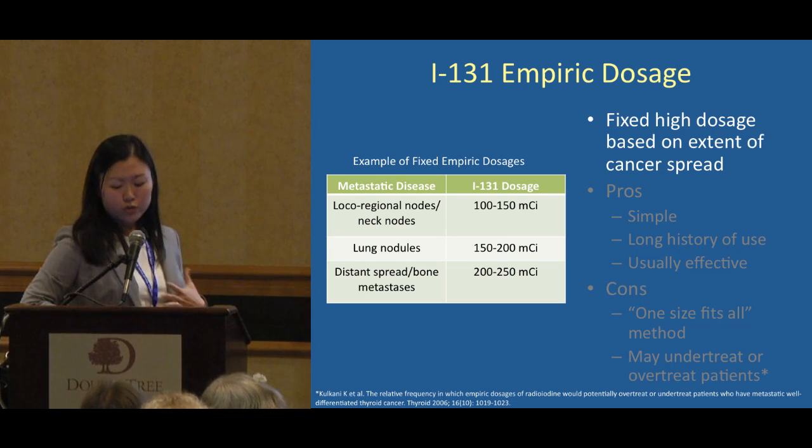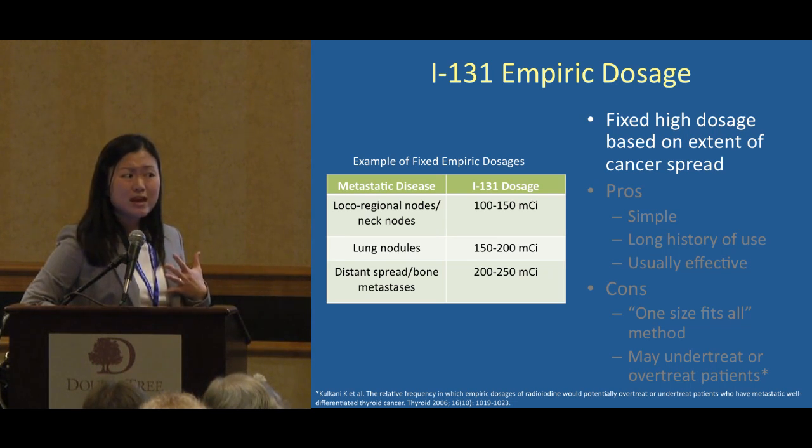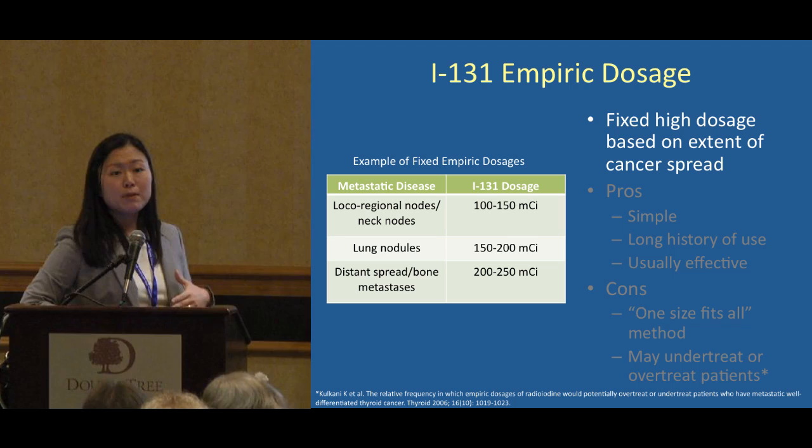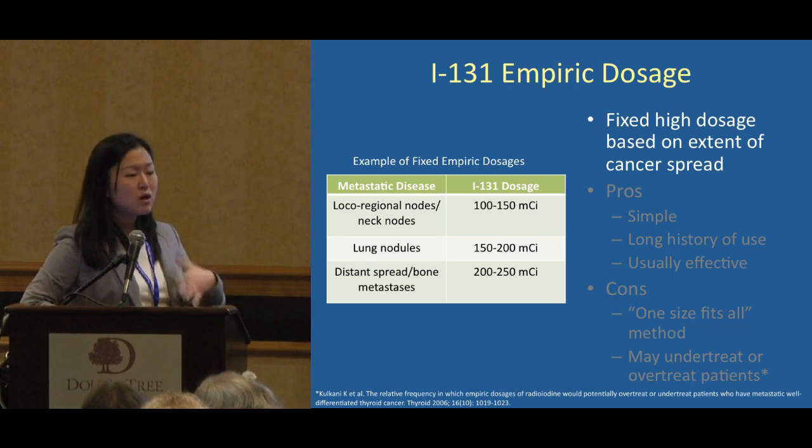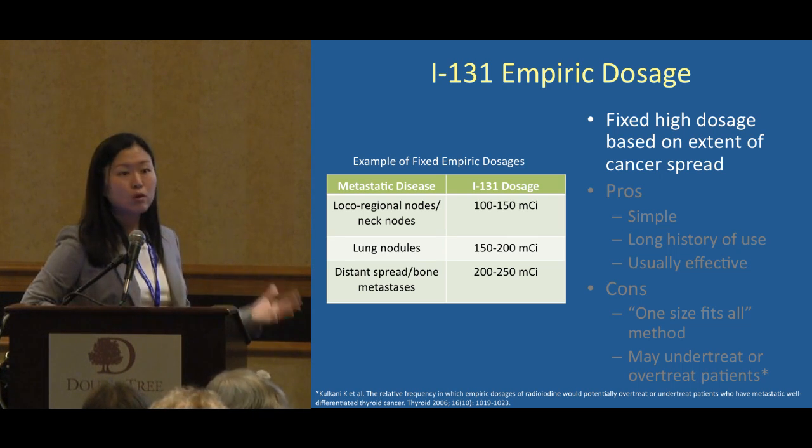If patients have lung nodules, anywhere between about 150 to 200 millicuries. And the reason for that is when you have radioactivity in the lungs with I-131, there is a risk that it can cause lung damage. So we don't want to give those patients as high of a dose, so they'll get 150 to 200. But if there's evidence that it's spread to other parts of the body, not in the lungs, let's say in the bones or other parts of the body, the patients may receive anywhere between 200 or 250 plus millicuries.